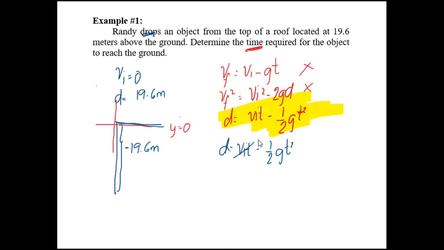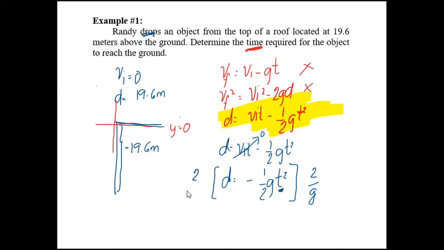So we have initial velocity equal to 0. We now have an equation for d equals negative 1/2 gt squared. But we are looking for the time needed, so let's derive an equation for time. We want to look for t. So let's multiply everything by 2 and divide it by g.